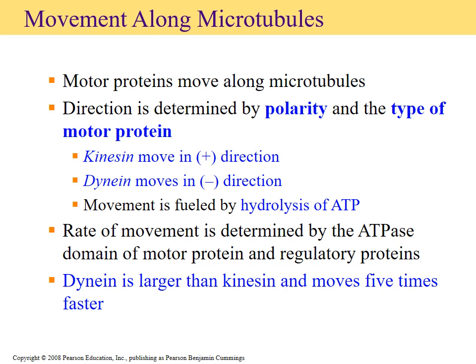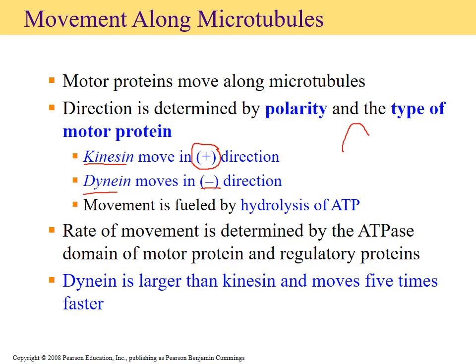When it comes to microtubules, you have two motor proteins that will consistently pop up, and those are going to be your kinesin and your dynein. Now, your kinesin tend to move towards a positive direction, whereas your dynein will move towards a negative direction.